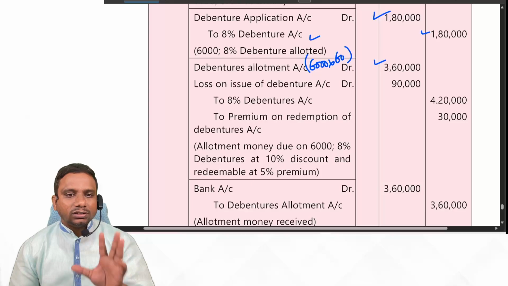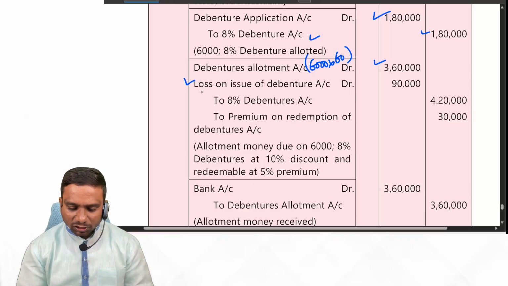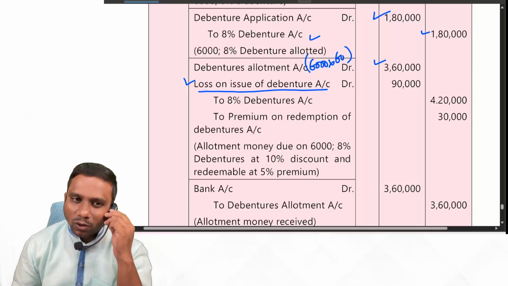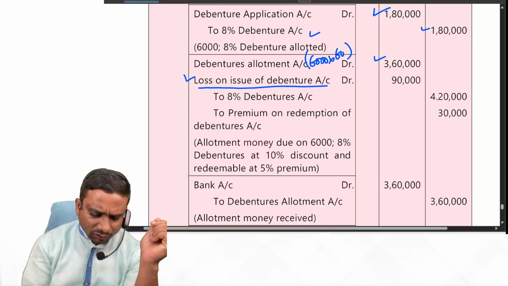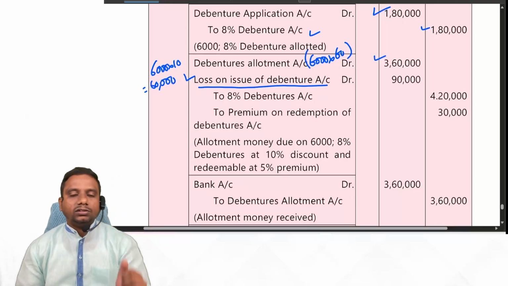The remaining 10 rupees is a loss. This is discount, and discount is a loss, so loss on issue of debentures account debit. Here we have two losses, students. One, discount loss. How much is the discount loss? 6,000 into 10, 60,000 rupees.